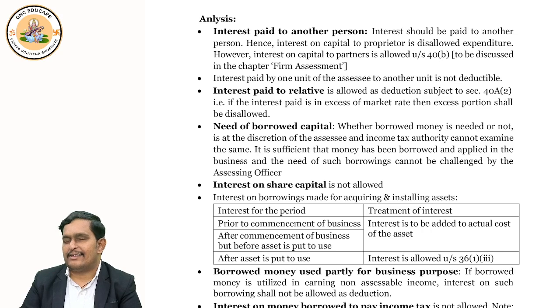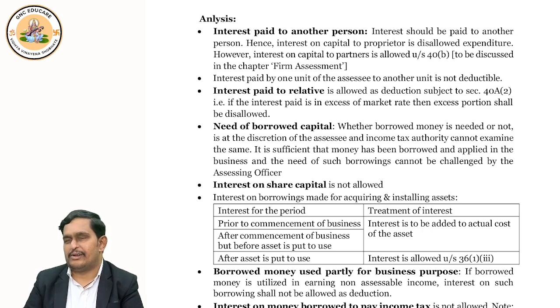The Income Tax Act says, yes, if you pay interest to relatives, it is allowed as deduction. But then, because it's a relative, please be careful. Is the interest paid reasonable or did you pay more interest? If it is reasonable, no problem at all.